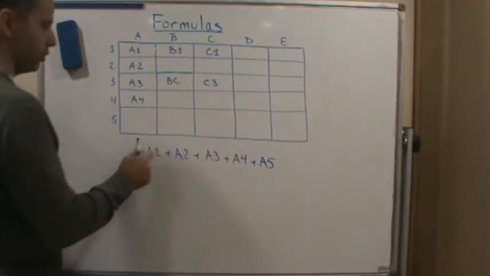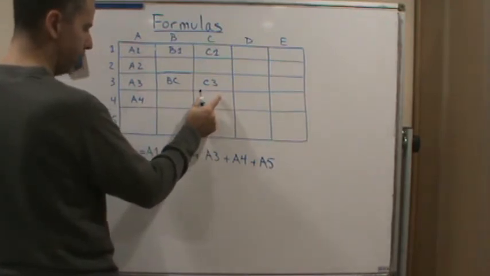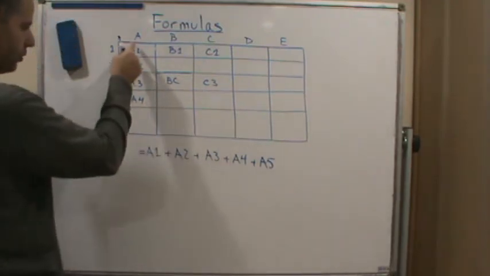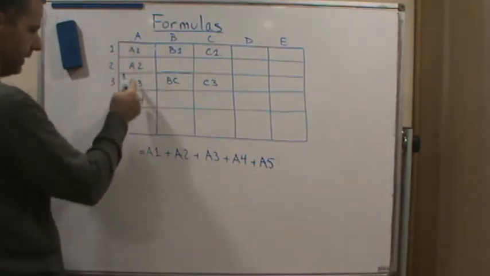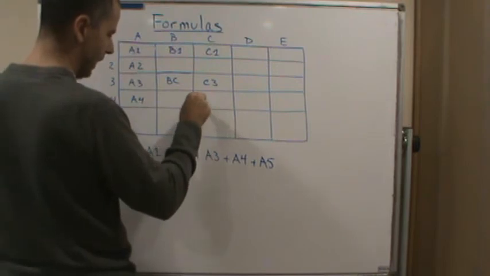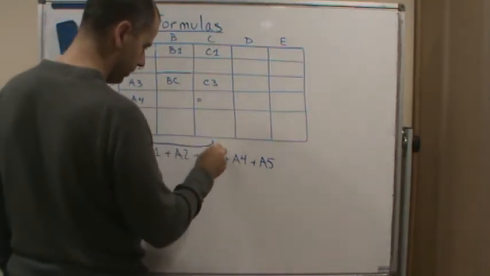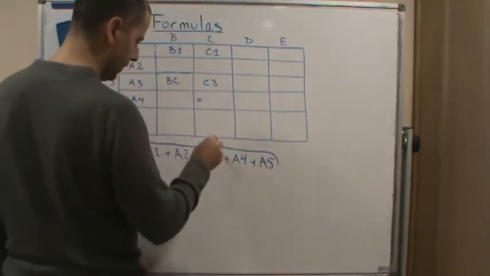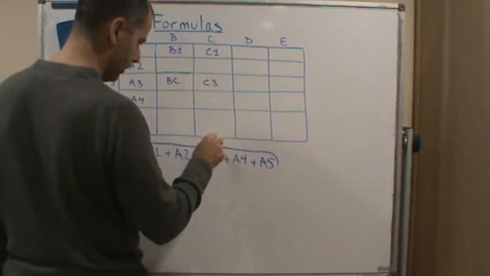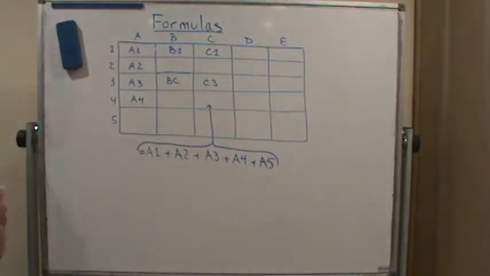So if I wanted to add up all of these numbers in this cell, I would type in equals, and then I would type in this whole thing in that cell. Okay?